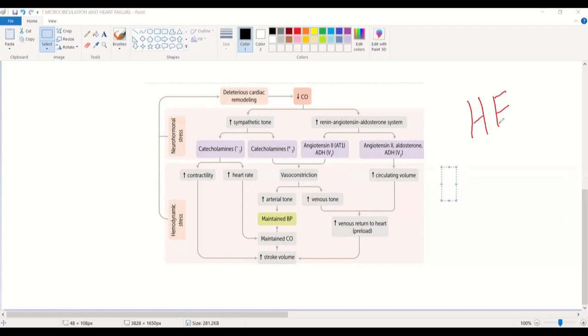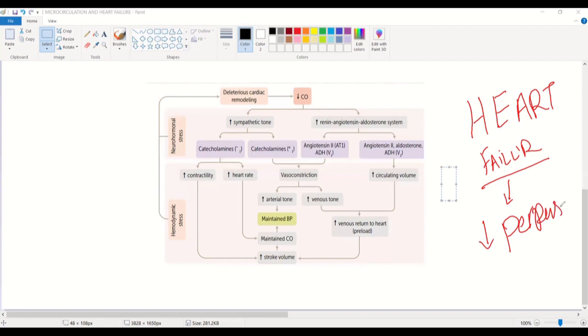So it's basically pump failure. If it is unable to pump the blood, then what will happen? There will be a backup, decreased perfusion of tissue.